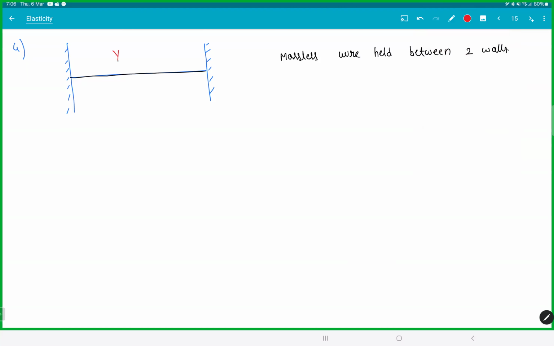So Young's modulus is Y, area is A, length is L. Then what you did, you suspended a mass M at the center. You took a hook here and you attached a mass M. And in this process, what happened? This wire made a V shape here.